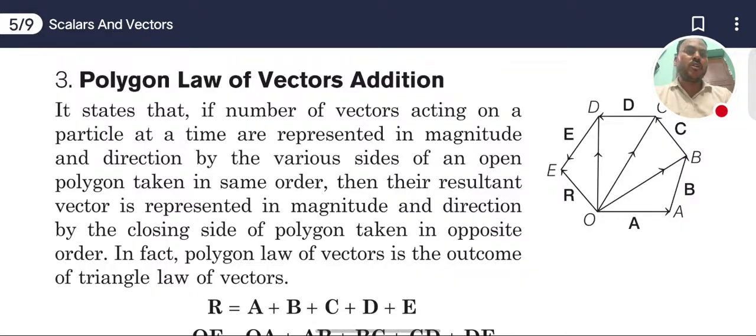In fact, the polygonal law of vector addition is an outcome of the triangle law of vector addition.